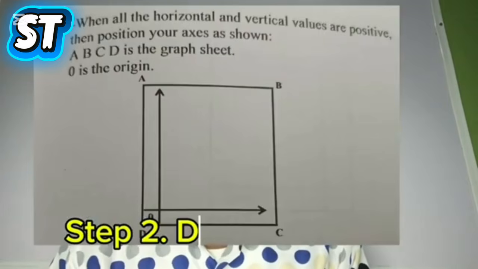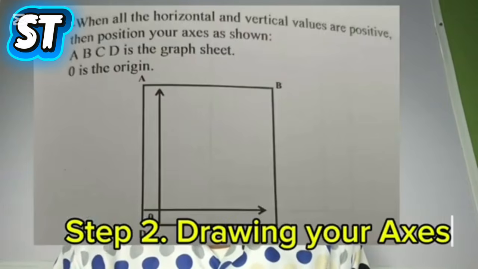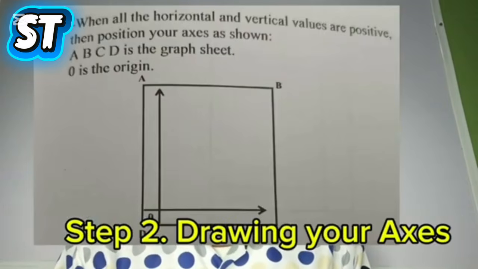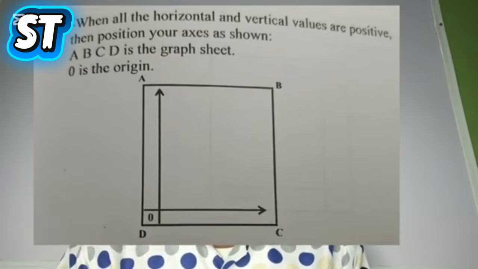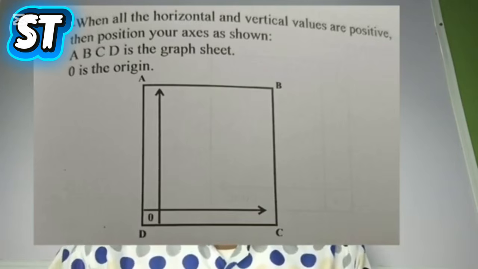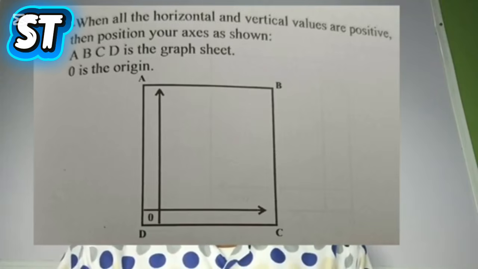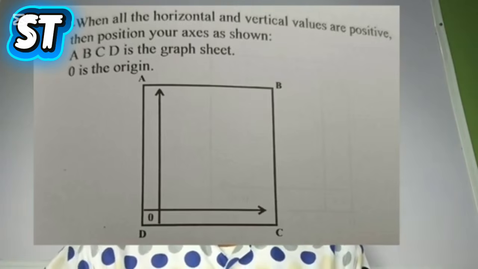So the second step is drawing your axis. There are many ways in which you can draw your axis depending on the factor. The first factor, when all the horizontal and vertical values are positive, then position your axis as shown in the diagram. Okay, in the diagram you will see that in the graph, the vertical line is on the far left and the horizontal line is below.